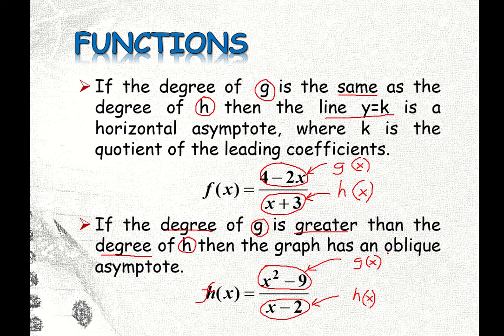When you speak of oblique asymptote, it's a line that is neither vertical nor horizontal. So other than vertical or horizontal, that's an oblique. It can be a slant line.